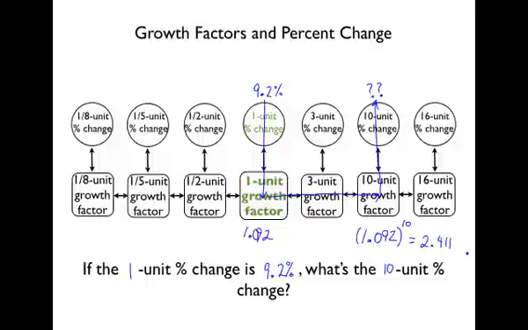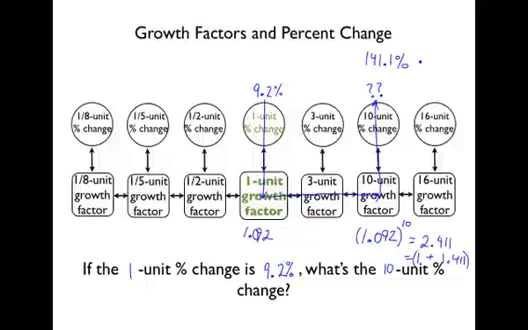And then I would subtract 1, and multiply the change by 100 to get the percent. And what percent is that? 1.411, so 141.1% increase. Agree? Is that what you got? 141.1. Awesome. Good. Nice.